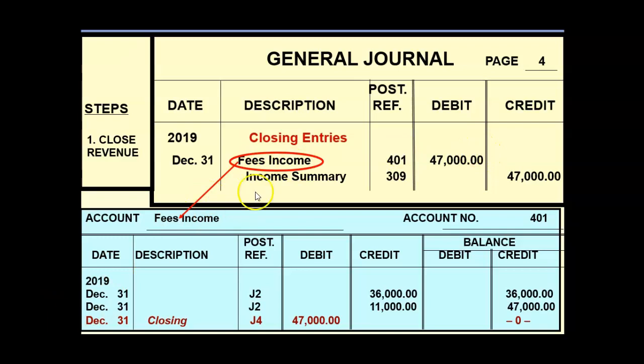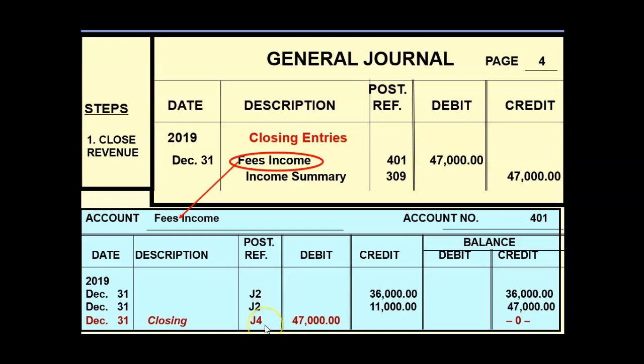Step 1, record the date of the transaction into the date column of your ledger account. Call it step 1.5. Write the word closing in the ledger description column to describe the type of transaction we're about to post into the ledger account.